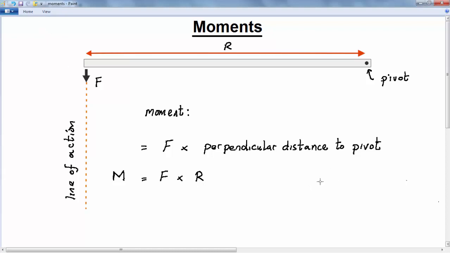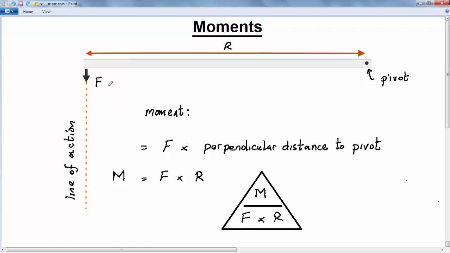You've seen those before, where if you're not too good at rearranging formulas, you can use this calculation triangle. When we have the format something equals something times something, we put the something times something at the bottom, that's F times r, and the moment at the top. So the moment is equal to F times r.